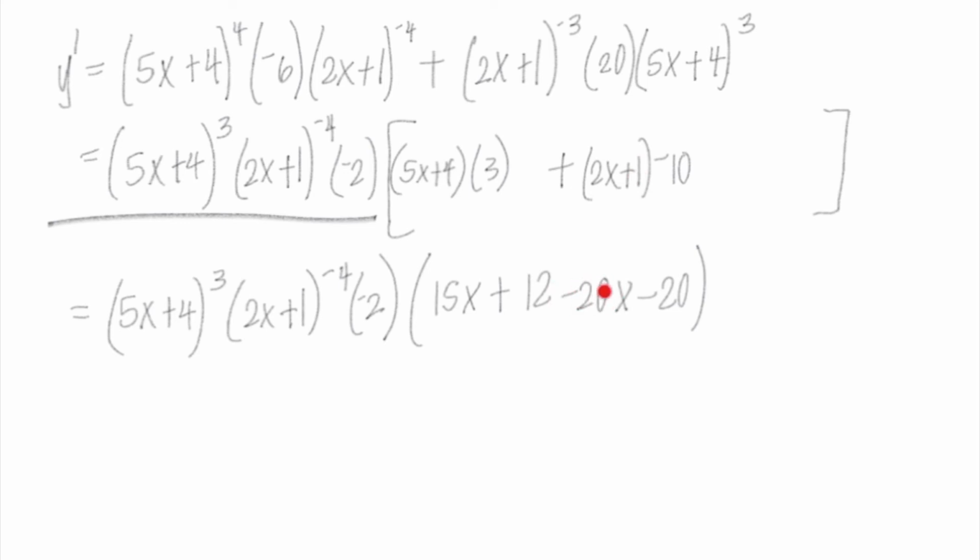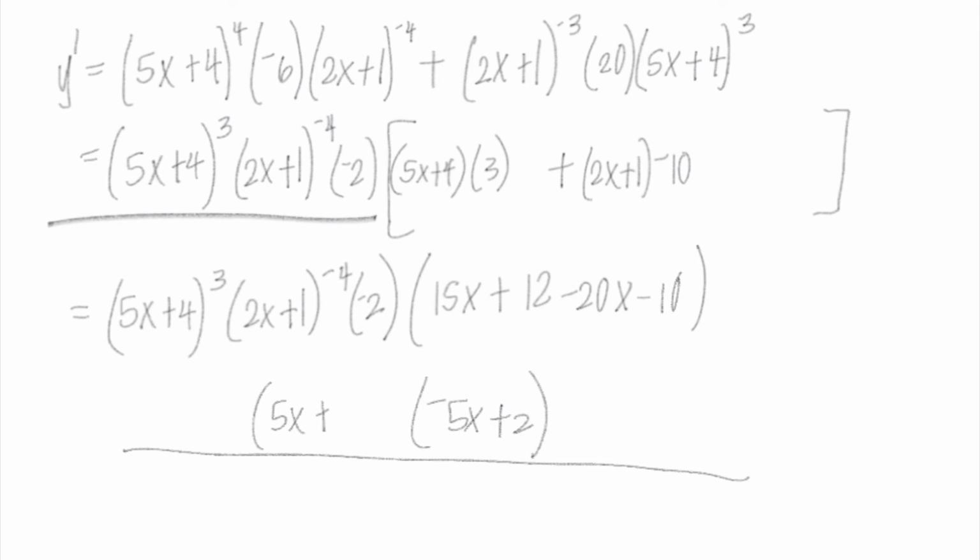So I get negative 20x, and I see a mistake right here. This is supposed to be a negative 10, because 1 times negative 10 is negative 10. I can still combine like terms to get negative 5x plus 2. And now I'm going to write my 5x plus 4 cubed. I'm going to put the 2x plus 1 in the bottom, so that will be to the positive 4th power, and then I'll just put a negative 2.